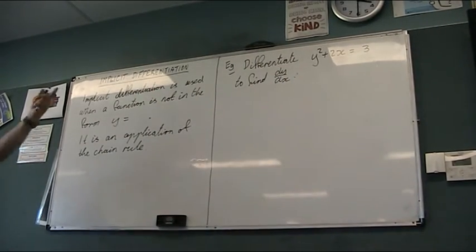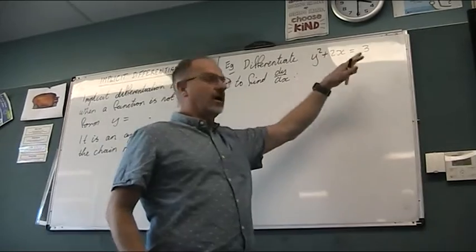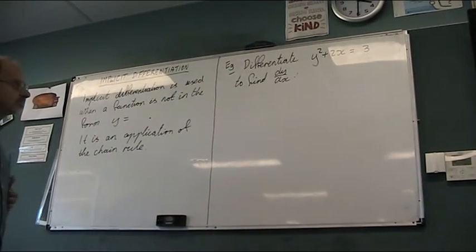All right, so it's not written in the form of y equals. We could rearrange it. This particular one's not too difficult to do that. Other functions might be more complicated and more difficult.